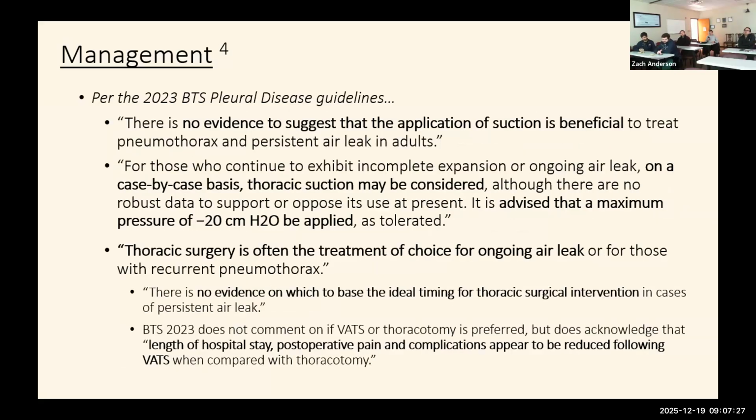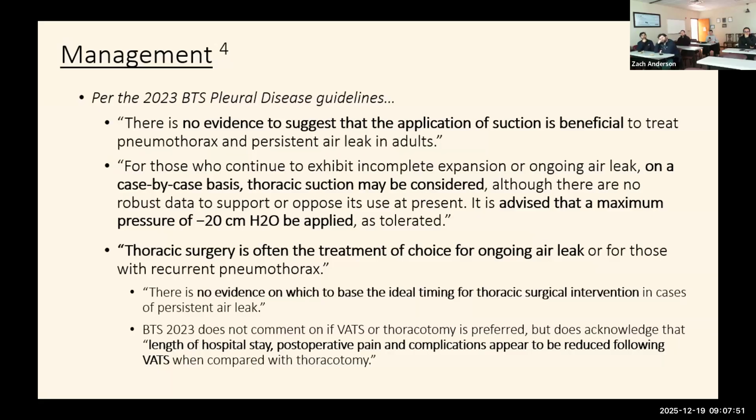In 2023, they again say there's no evidence to suggest that the application of suction is beneficial to treat pneumothorax and persistent air leaks in adults. They do say, though, that on a case-by-case basis, thoracic suction may be considered. Again, no robust data, but they advise a max of negative 20 centimeters of water.